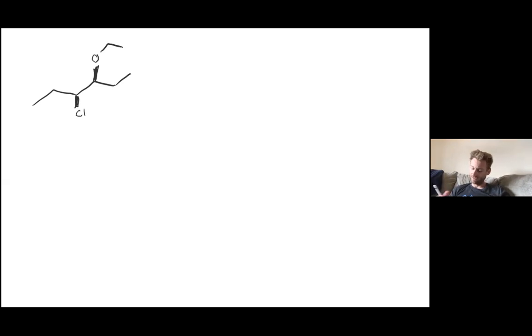We're not going to try to name it as ethyl and then whatever this is. We're just going to treat it like a normal molecule. And then when it comes to this group here, we would refer to this as an ethoxy group because there's 2 carbons on there.